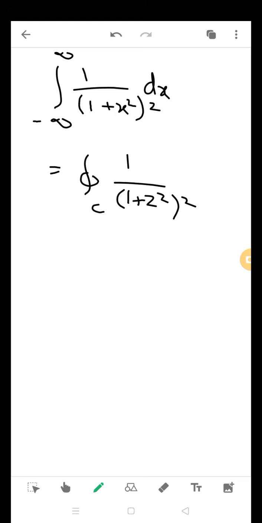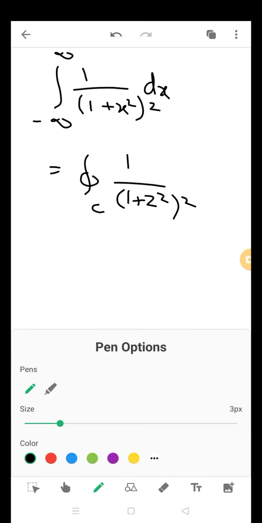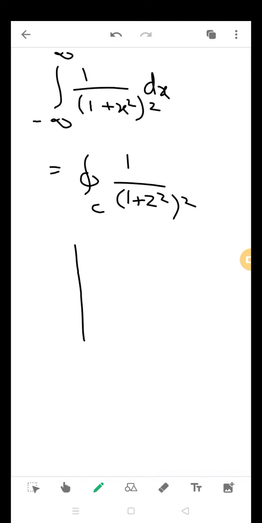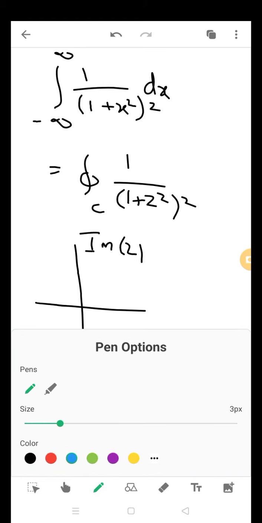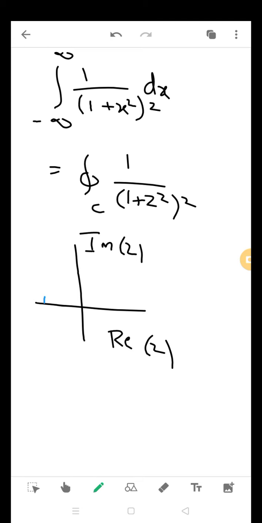Now how can we do it? What will be the contour for this? If we draw a complex plane, for example real z and imaginary z, the contour we can express as a semicircle.